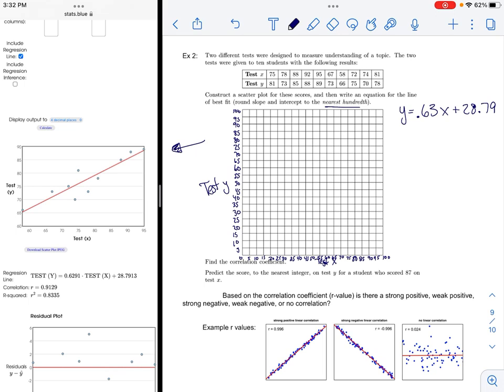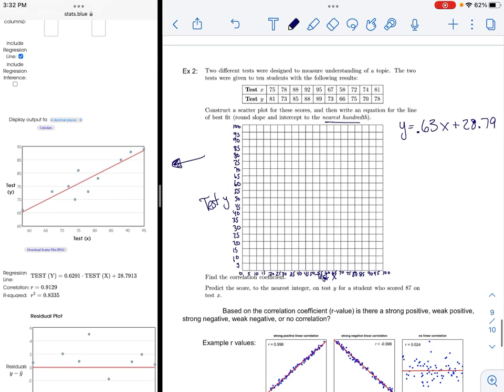Now don't get lazy, you have to include the labels for each axis as well as how much they count up by. So don't not include that. And then plot all 10 points.